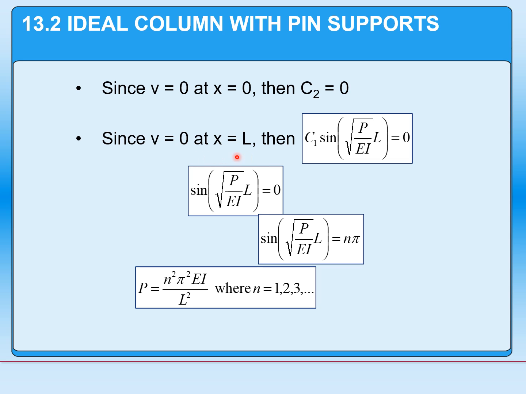There's going to be no displacement at the other end. So we can show that C1 times sine of the square root of P divided by EI, times x equals L, is going to be equal to 0. If that's the case, since we know this is equal to 0, we can just remove C1. It can be divided out.